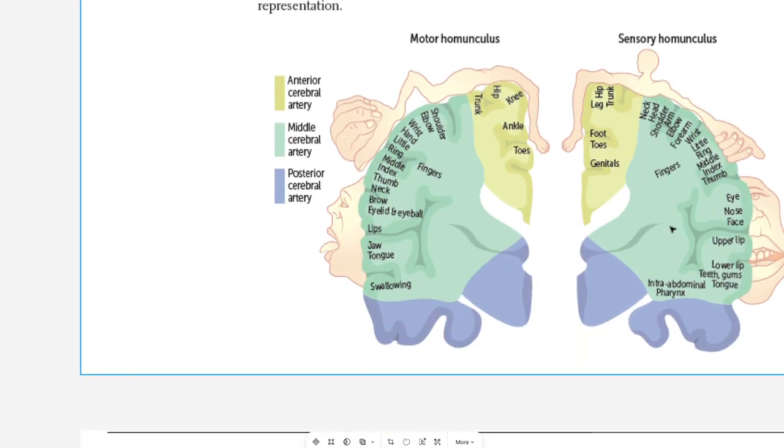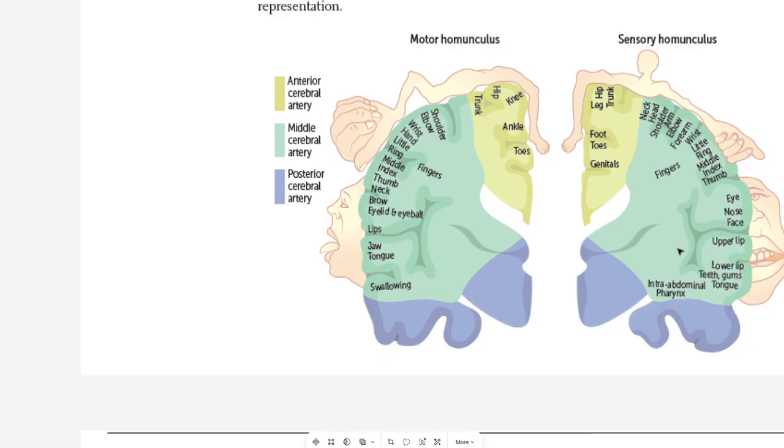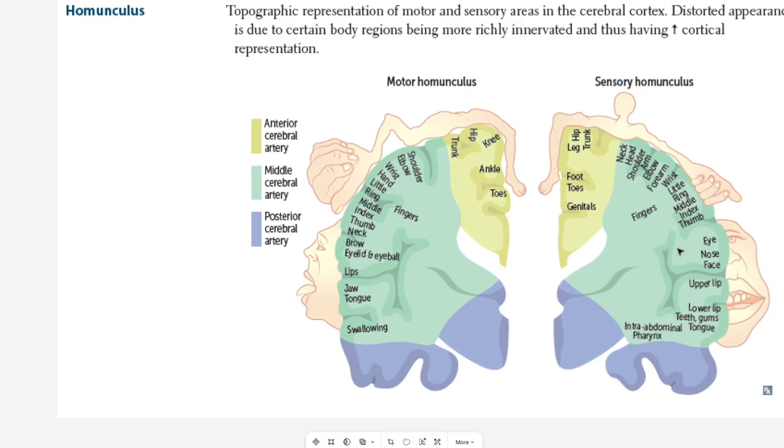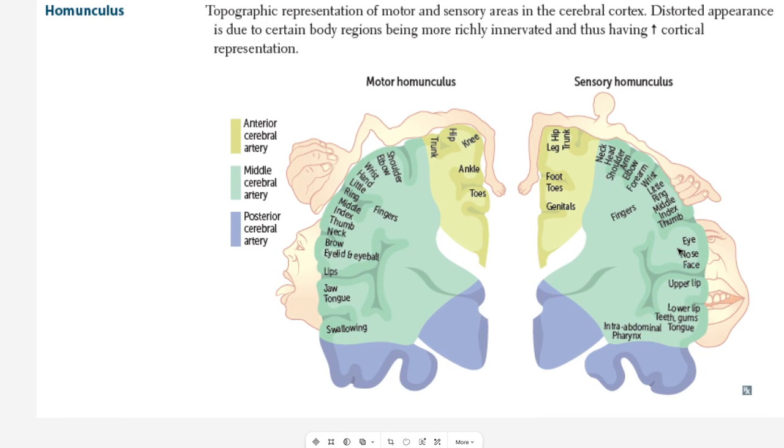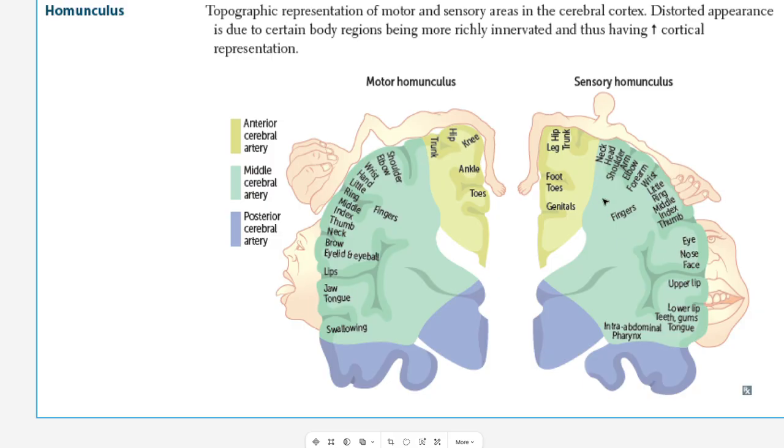If I take a mid section of the brain, from right lateral to left lateral, and cut the brain open and view it, basically, this is the frontal lobe area, this is the temporal lobe area, and this is the inferior surface of the brain, right? So I can see that there's a motor homunculus here and a sensory homunculus here. What are these motor and sensory homunculuses?